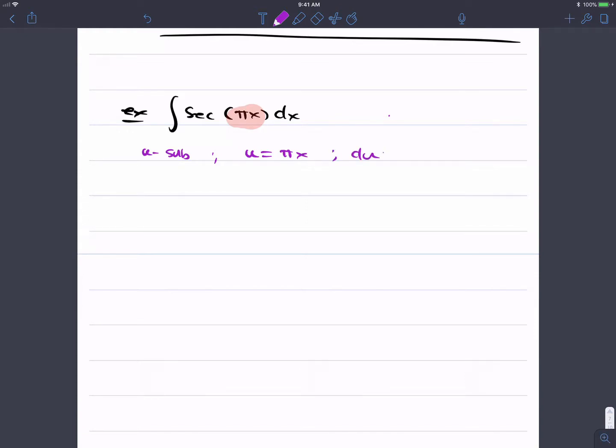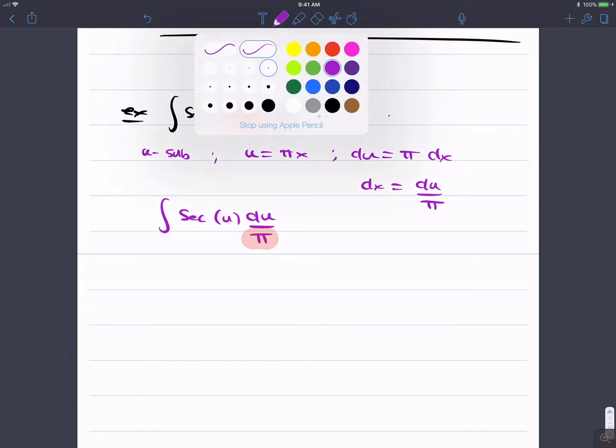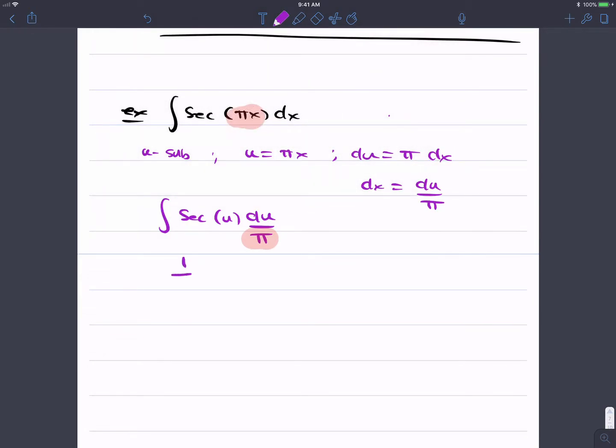If u is pi x, that means du is pi dx, or dx becomes du over pi. And so you're going to integrate secant u du over pi, where we pull out our constant by properties of integration. Now we got 1 over pi, the integral of secant u du.